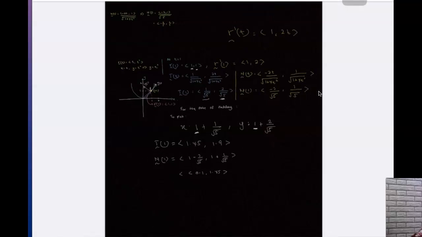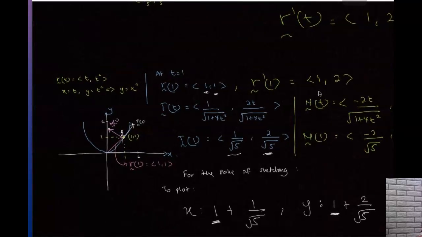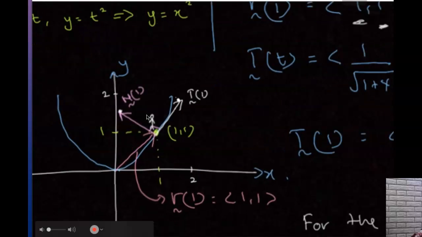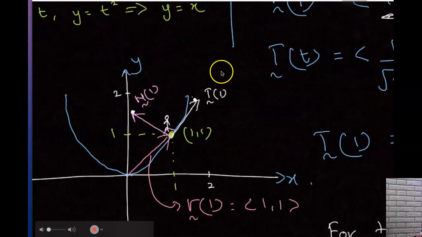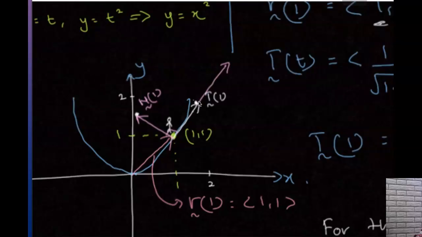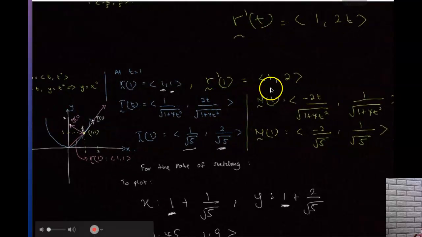Okay, so now maybe you want to know, how about the tangent vector? As we understand from our previous lesson, t is a unit tangent, so the direction of the tangent vector is the same as the unit tangent, but it should be longer. Maybe you can check. So now we have this one, 1, 2.